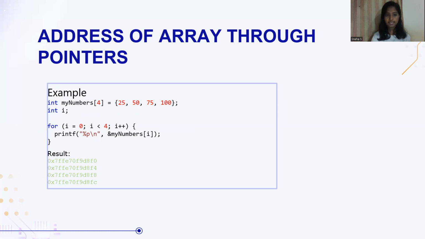But what are we exactly displaying? In printf, you can see that after %p\n, there is &myNumbers, which means the ampersand is used for pointing out the address of that particular array, and therefore the result shows us the address of the given 4 elements of the array.